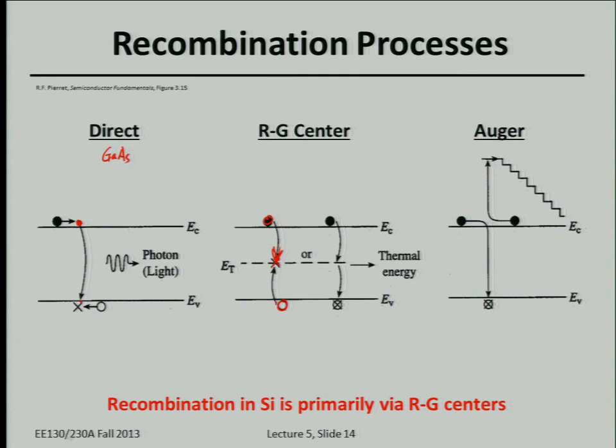So the process could be like this, okay? Electrons and holes coming from EC and EV separately just meet at some deep levels inside the band gap. Another process: electrons first jump into some trap levels, then wait to get more energy, more velocity, and then eventually they come back to the valence band to annihilate with the holes.